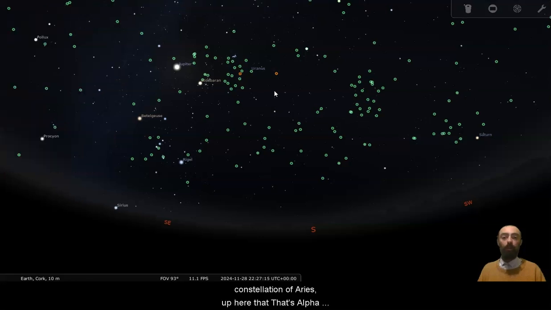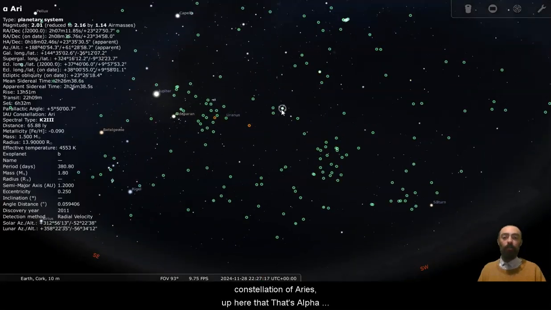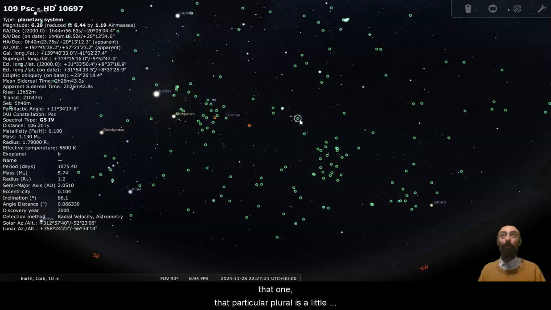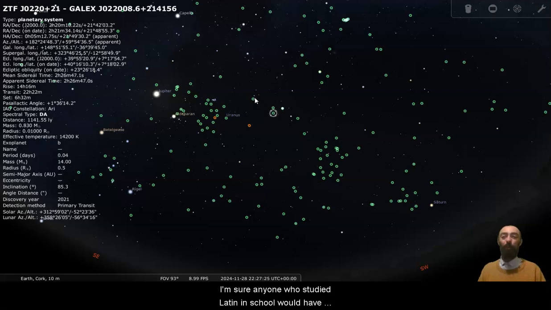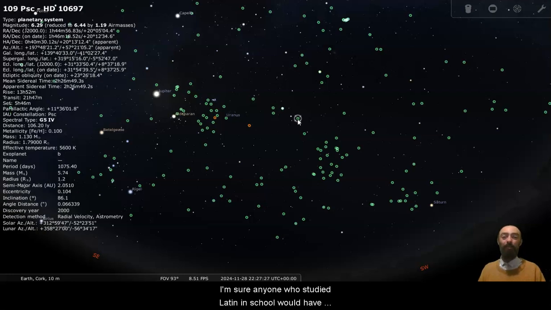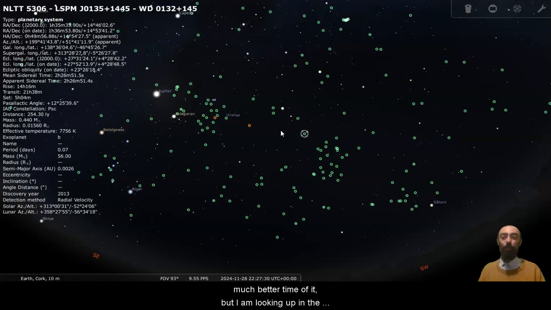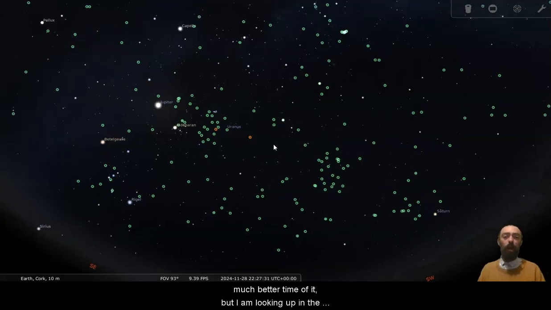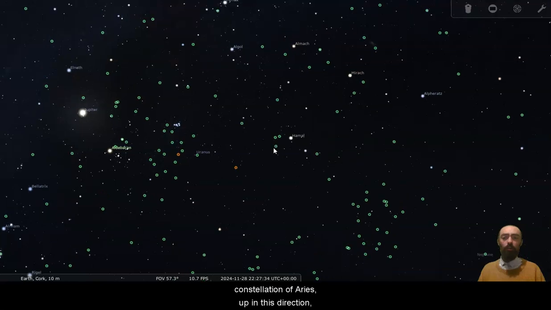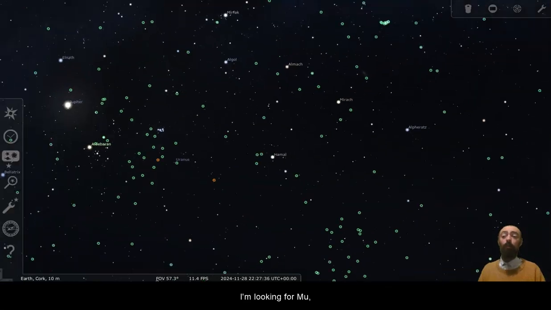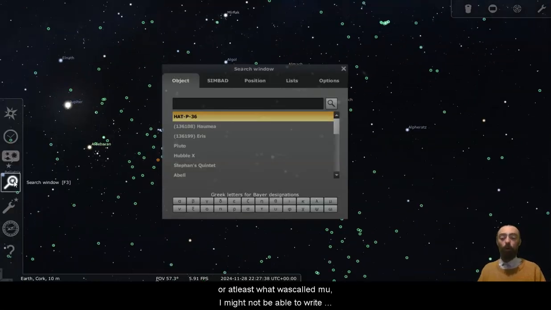Looking up in the constellation of Aries up here, that's Alpha Arieae. That particular plural is a little bit tricky for me to pronounce anyway. I'm sure anyone who studied Latin in school would have a much better time of it. But I am looking up in the constellation of Aries, in this direction. I'm looking for Mu, or at least what was called Mu.